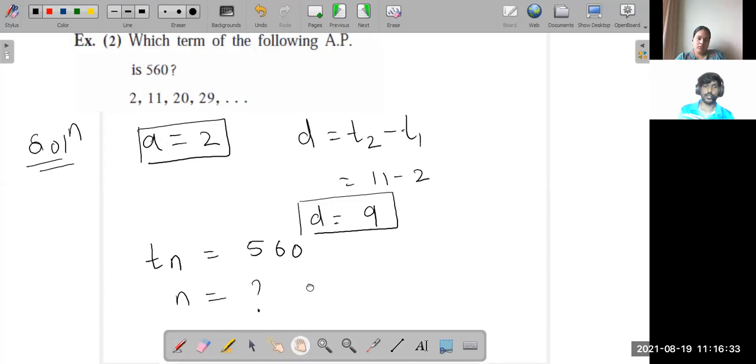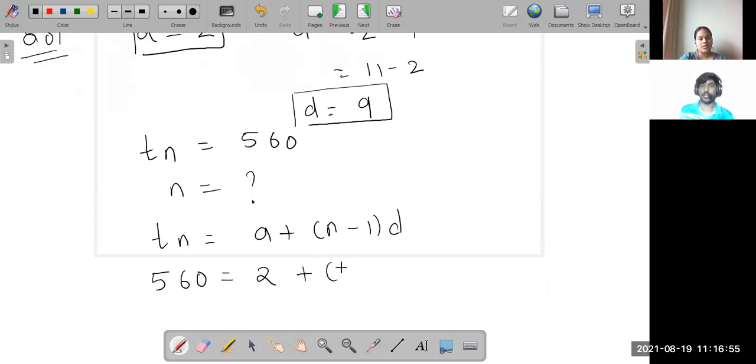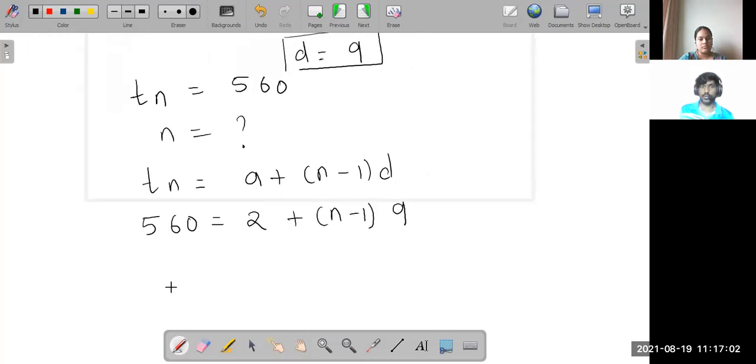Yes. So let's use the formula. Tn is equal to a plus n minus 1 into d. So Tn is 560, substitute. First term is 2 plus n minus 1, keep this as it is, d is 9. Now first take this plus 2 on the other side.